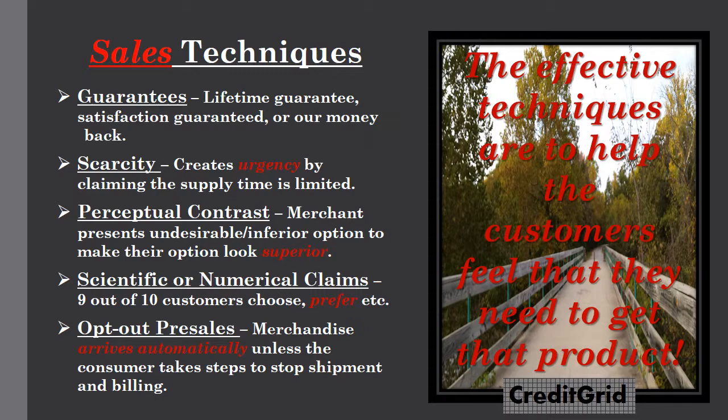Another strategy that is sometimes pursued is something called an opt-out pre-sale system, which is that the consumer signs up for automatic delivery and the sale occurs unless they actually take the steps to opt out of the shipment and process.